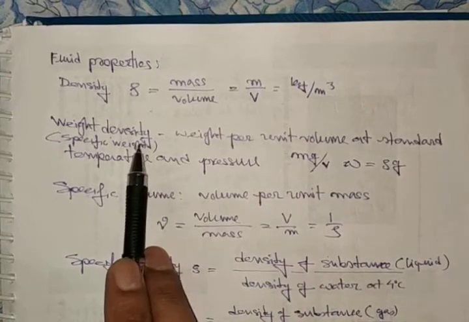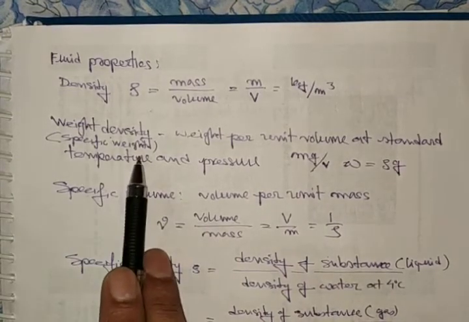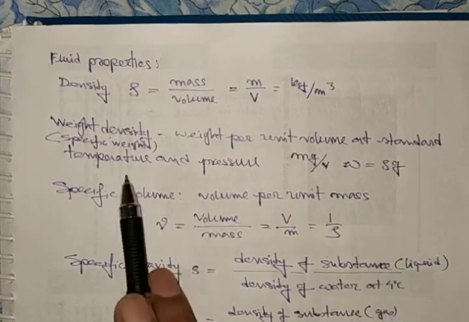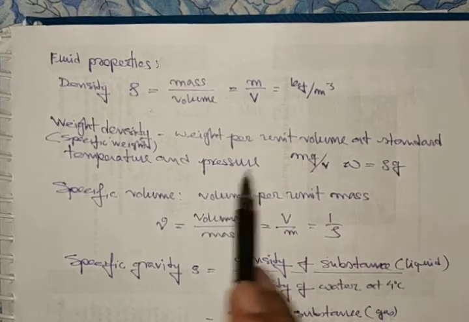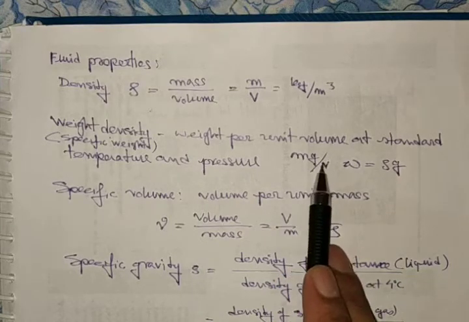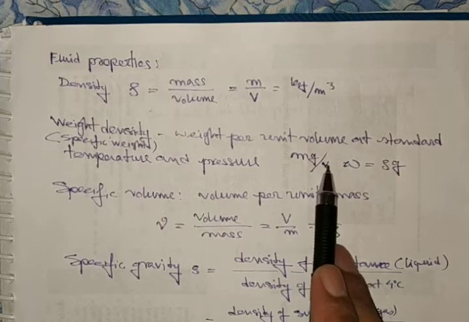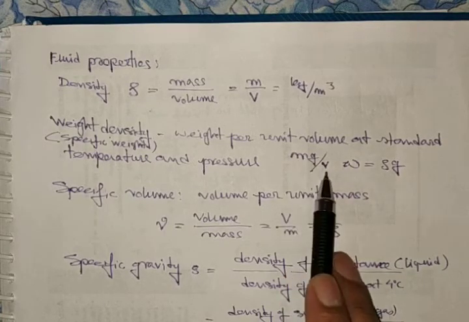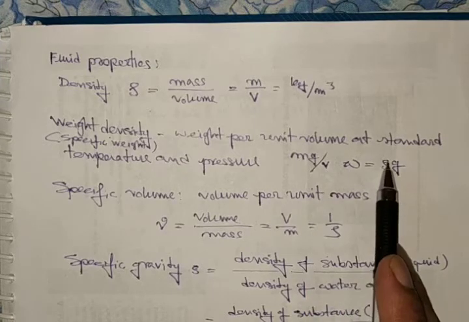Weight density or specific weight is weight per unit volume at a standard temperature and pressure. Weight is mg divided by volume, and mass by volume is density, so it becomes rho g.